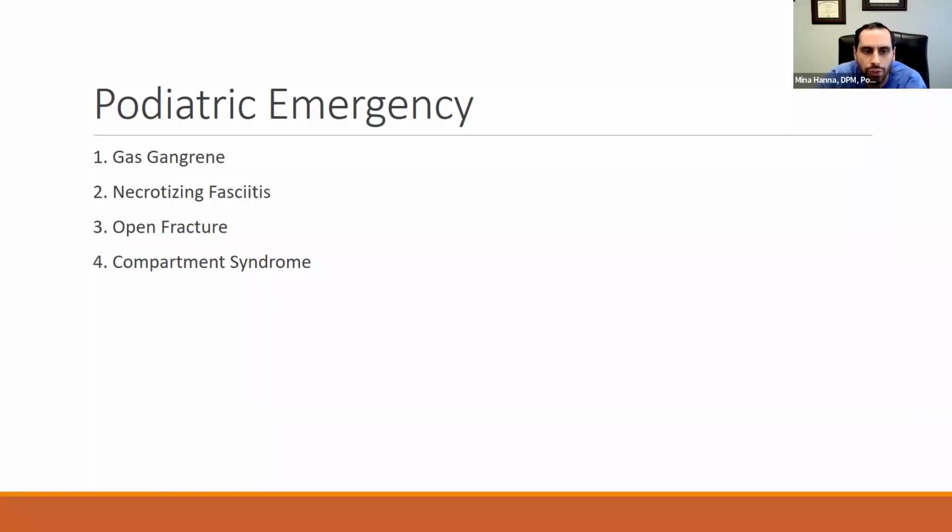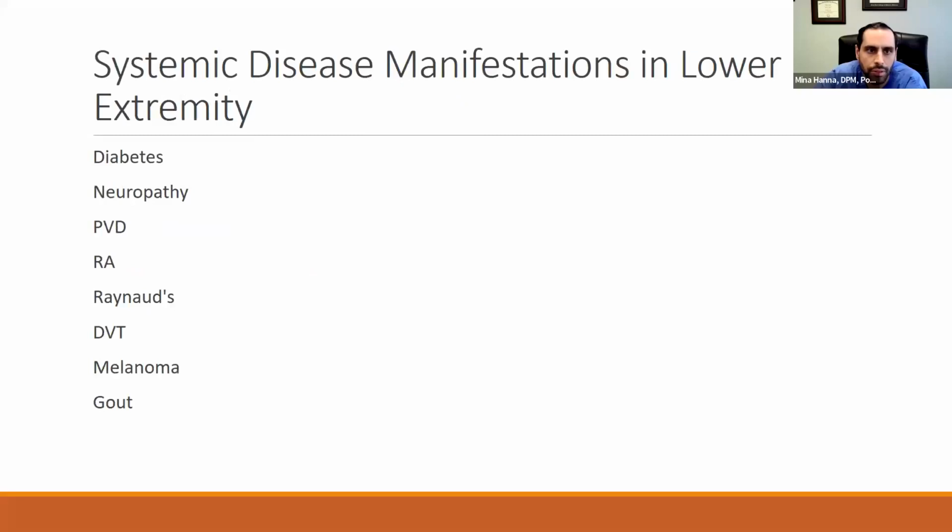And so you urgently have to release that compartment. And then neurovascular compromise, where patients are not getting circulation secondary to either an open fracture or peripheral vascular disease or diabetes.